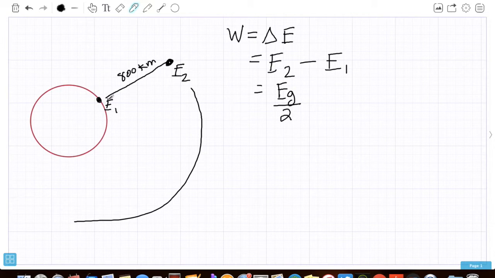Now at energy level 1, there is no kinetic energy, it's just potential energy. So therefore, and we'll put a subscript here too, the total energy at energy level 1 is just Eg1. So let's expand this relationship.